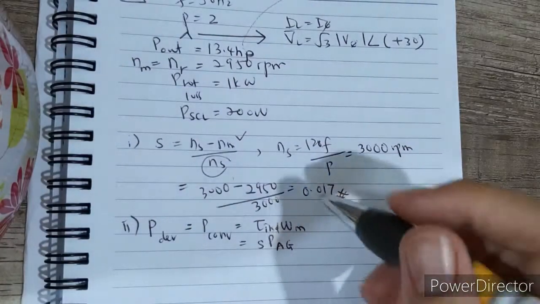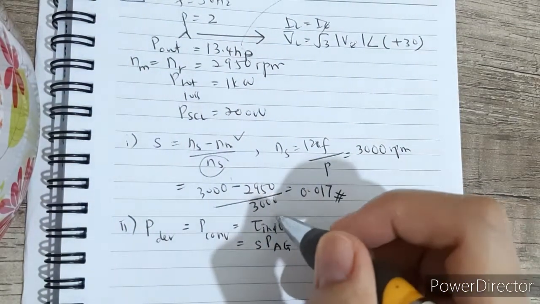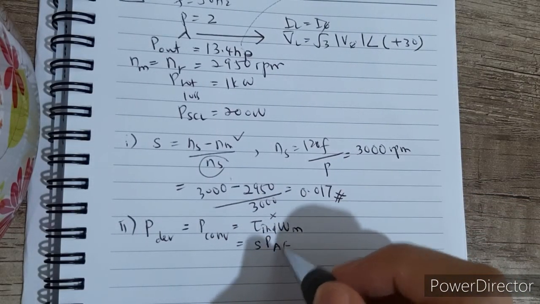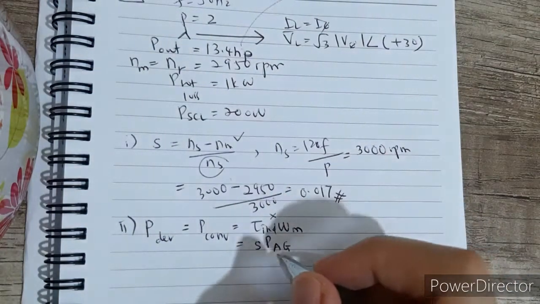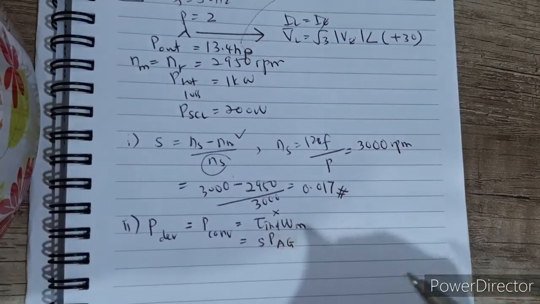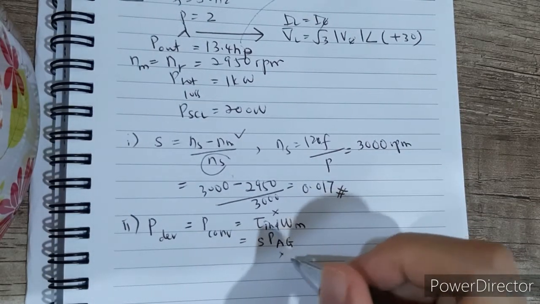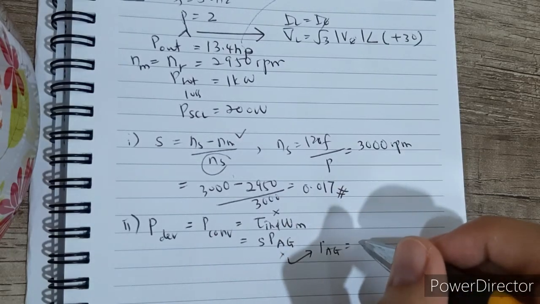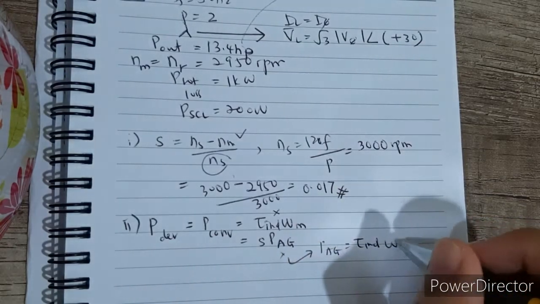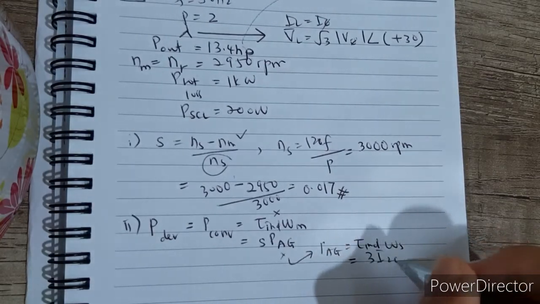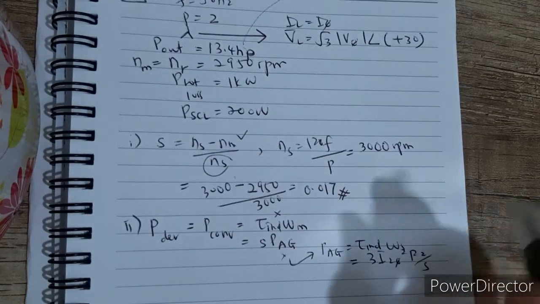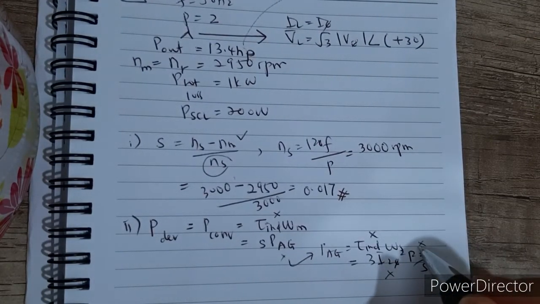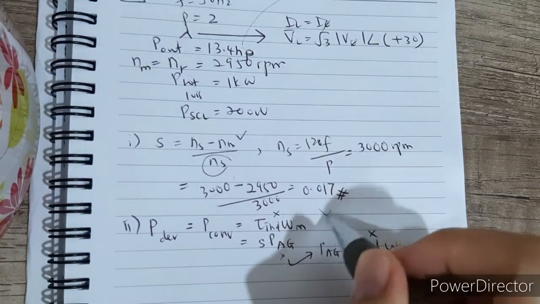Can you use these two formulas to find P converted? Well, you don't know your induced torque. You also don't know your air gap power. Can you calculate air gap power? P air gap equals induced torque times omega s, or 3 I2 phase squared R2 over S. You don't have your induced torque, and you don't have your I2 phase and your R2. So both formulas we can't use.